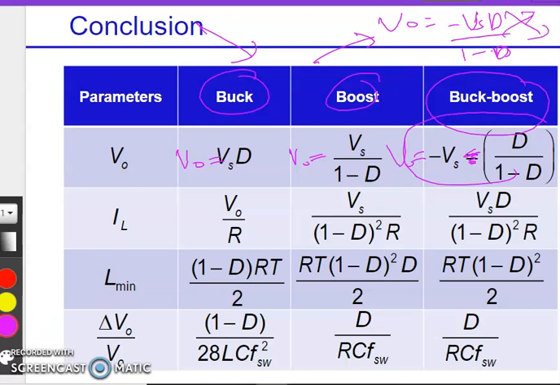Which one is preferable for your design? If you have high input but need only low output, you prefer just to use buck. But let's say your battery needs to charge at 200 volts, but the incoming voltage might be around 300 to 50 volts, then you have to apply buck-boost.